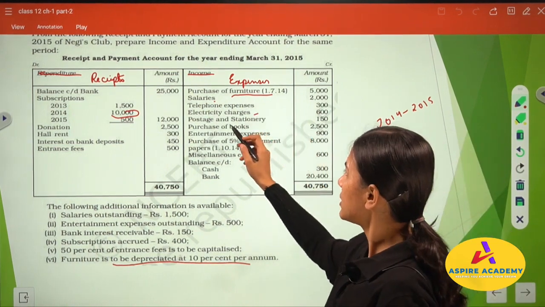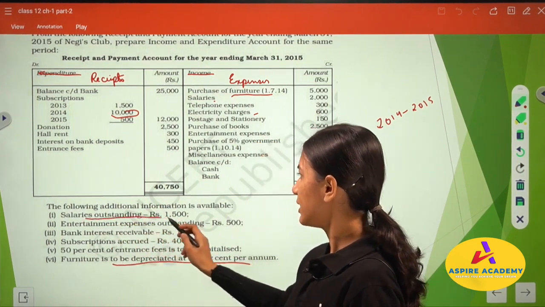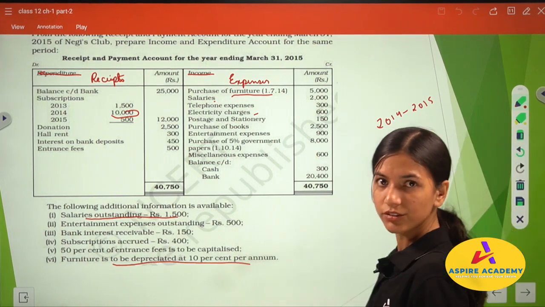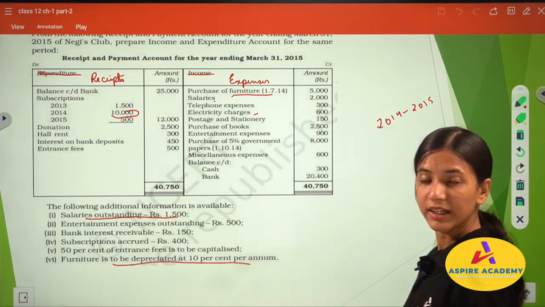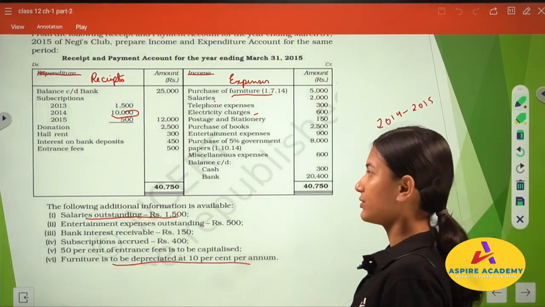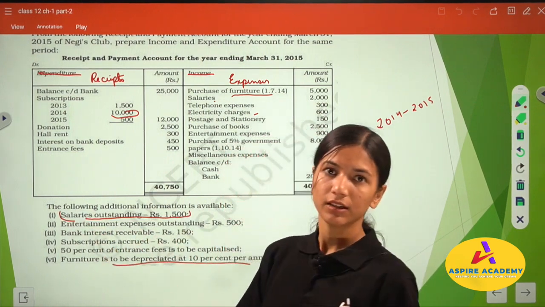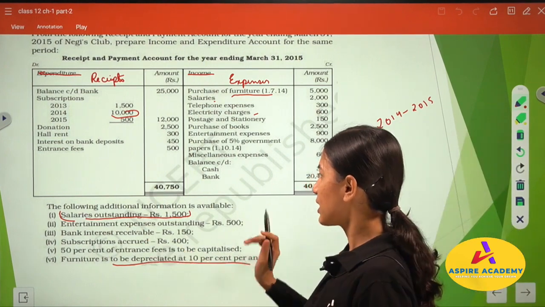Now here see the adjustment. First of all there is salaries outstanding. Outstanding salary we are going to add. Here they have not mentioned whether it is in the beginning or end, so at that time we are going to take it as the beginning part. So we are going to add it. Next is entertainment expenses outstanding.